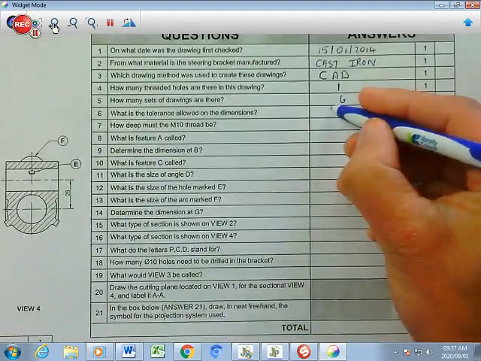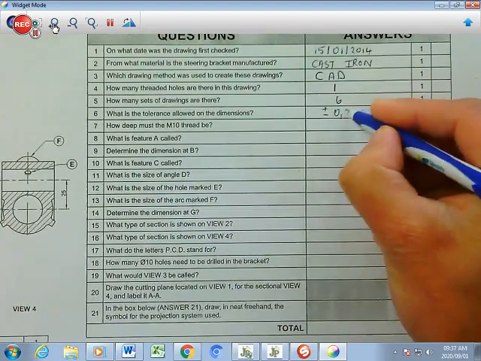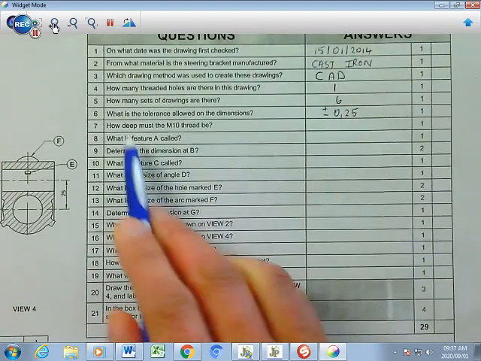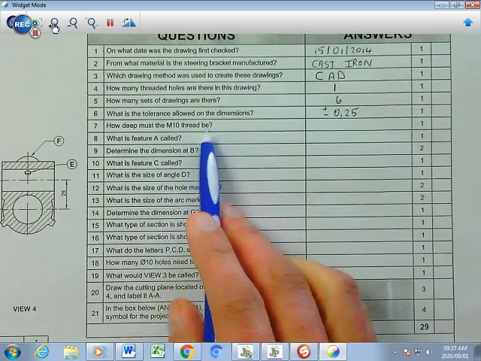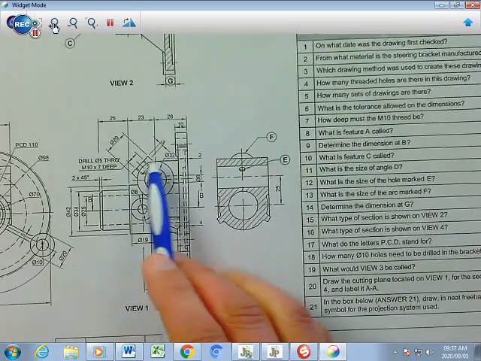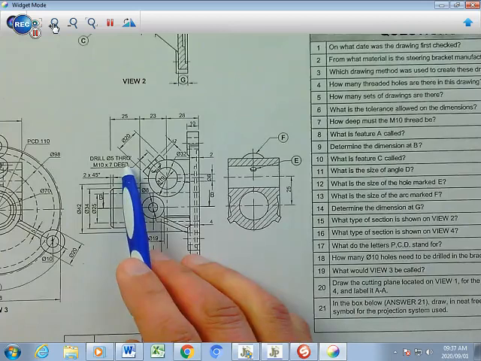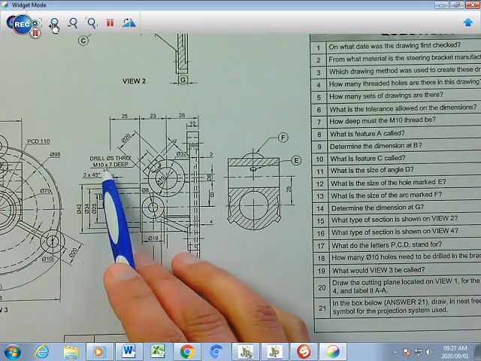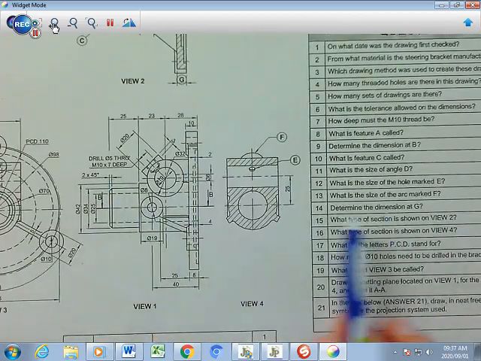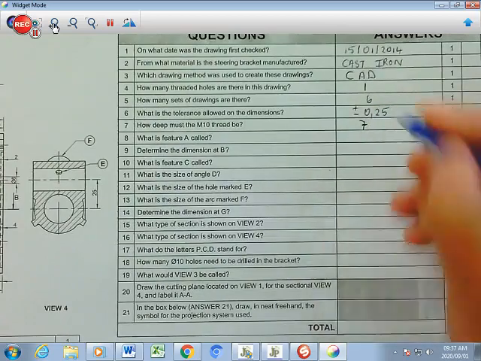So you write the plus minus 0.25. That's your tolerance allowed. How deep must the M10 thread be? So if you go here to your drawing, they say drill 8.5 through, M10 times 7 deep, so that's going to be 7 millimeters deep. So you can just write 7 there for me.